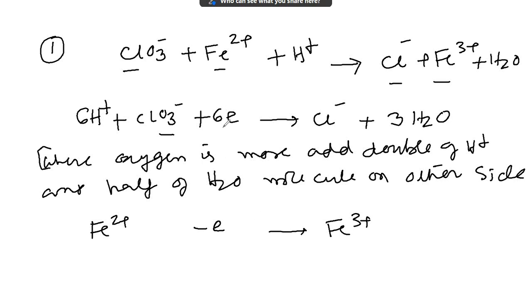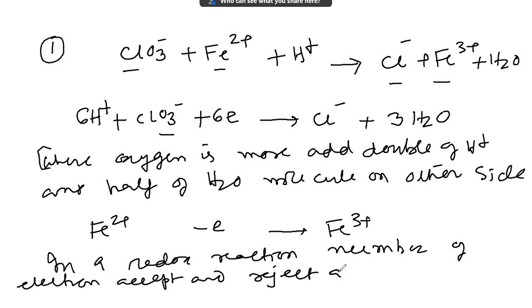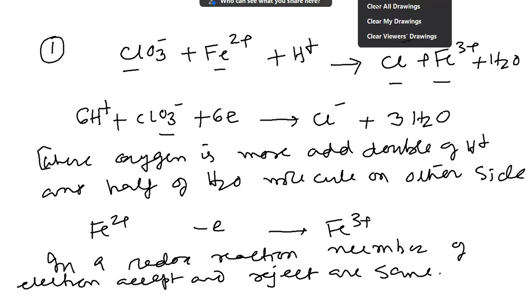While balancing, the number of electrons accepted and rejected must be the same. In a redox reaction, the number of electrons accepted and rejected are the same. Let us see how it happens.